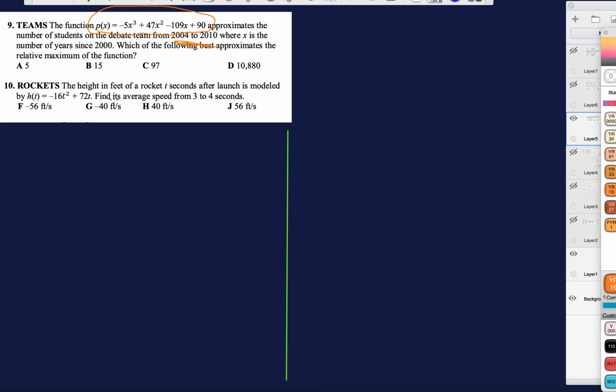So if I look at 4 in the table, I have a value of 86. So at 4, I get 86. At 5, I get 95. At 6, 7, 8. At 5, I get, 48.